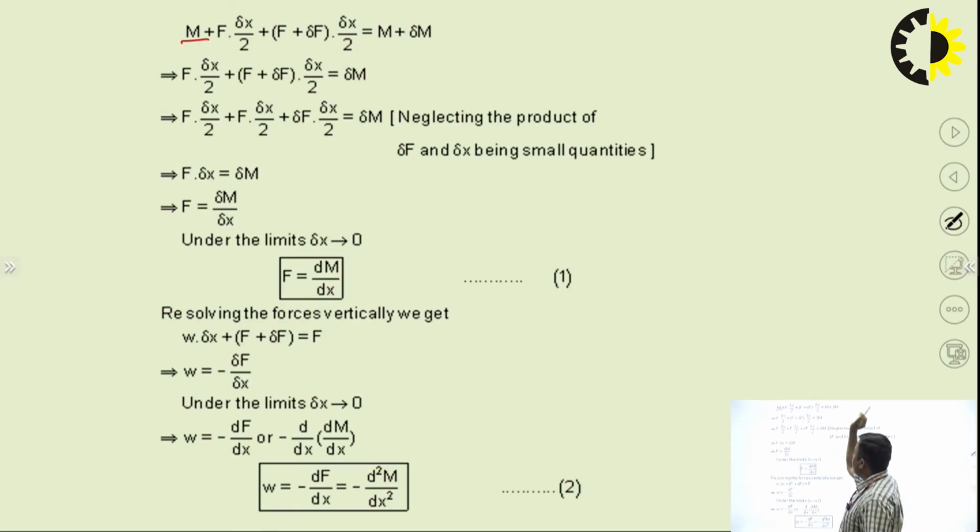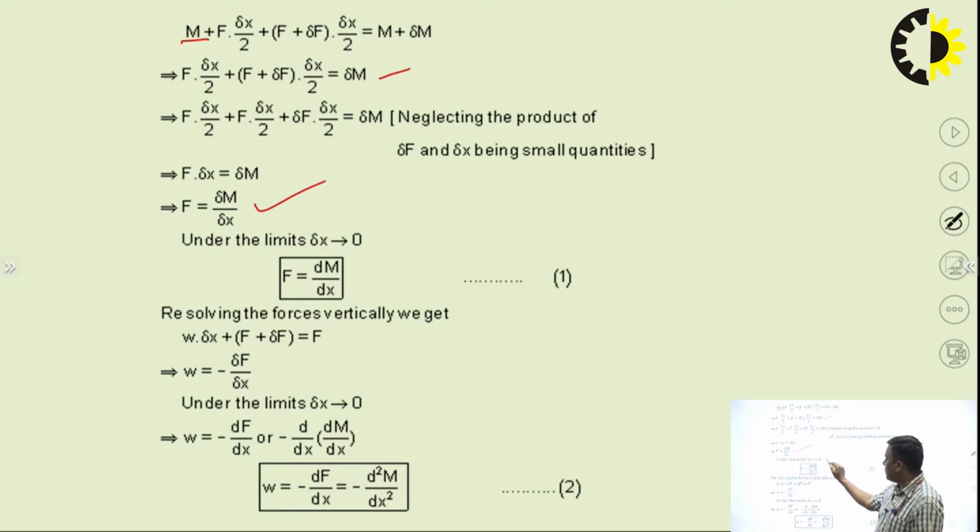By simplifying the equation and ignoring the smaller quantities, I get the equation like this: F into delta x by 2 plus F plus delta F into delta x by 2 equals delta M, which I can write in this form: F equals delta M upon delta x.